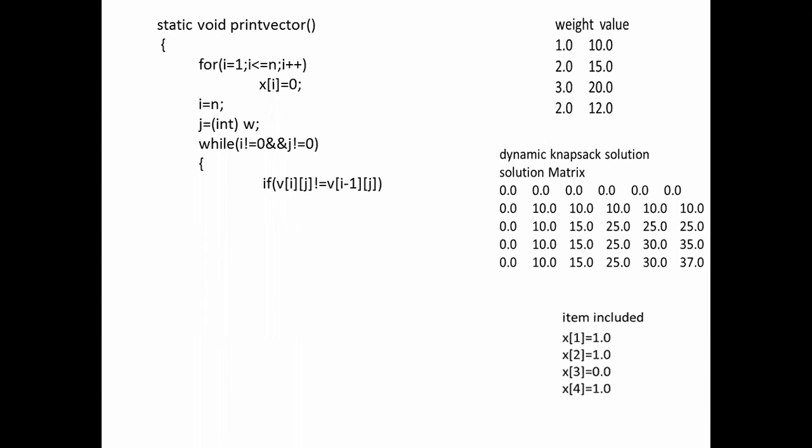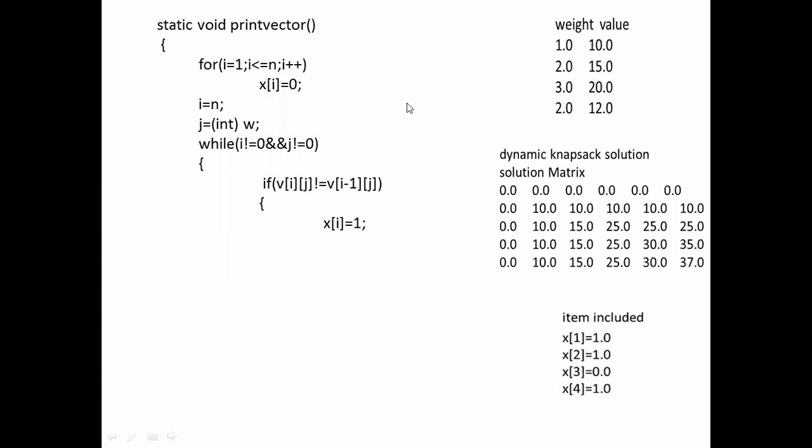If v of i j not equal to v of i minus 1 j, we have seen this in the last class. That is, we check which item is included into the knapsack. We compare the last values, 37 and 35, and they are not equal. So the fourth item is included into the knapsack. Okay, that is the concept.